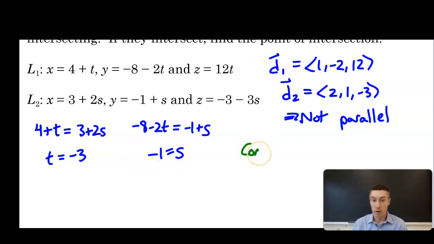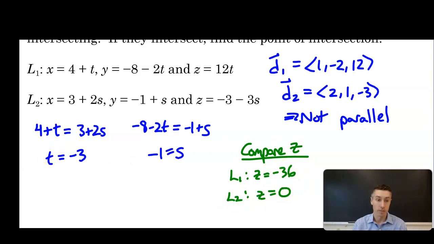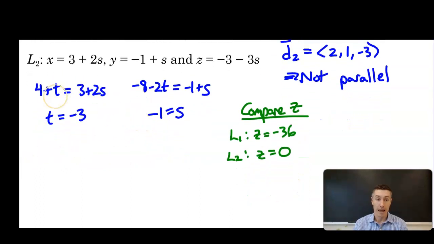And when I went to compare the z values, for L1, z was equal to -36, and for L2, z was equal to 0. So x and y were the same, but the z's were different, so that means that these are skew.